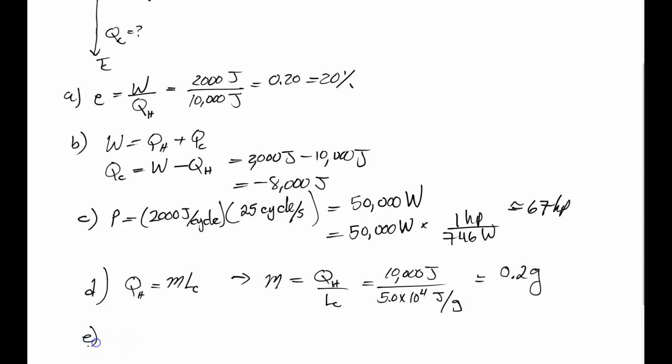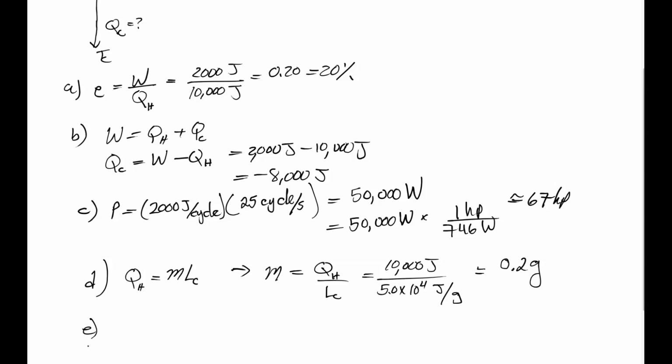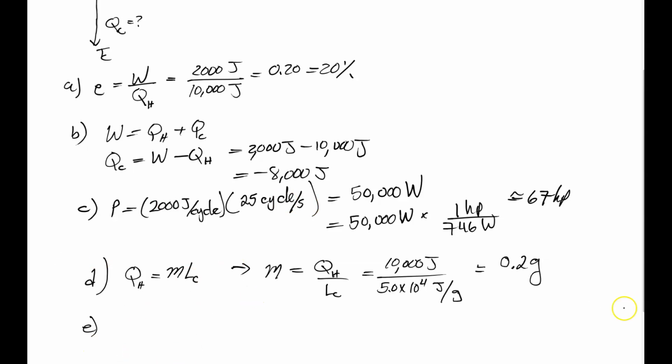And lastly, for part E, we're asked how much gasoline is burned per second. And we can do the mass of gasoline burned per second equals the mass per cycle multiplied by the number of cycles per second.